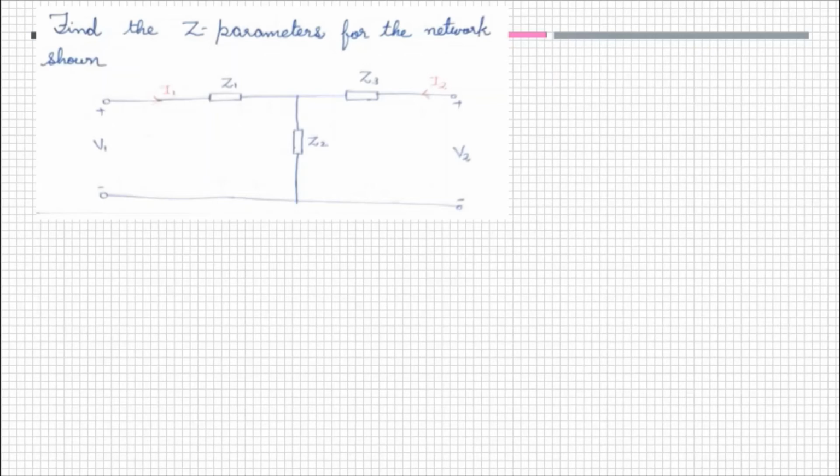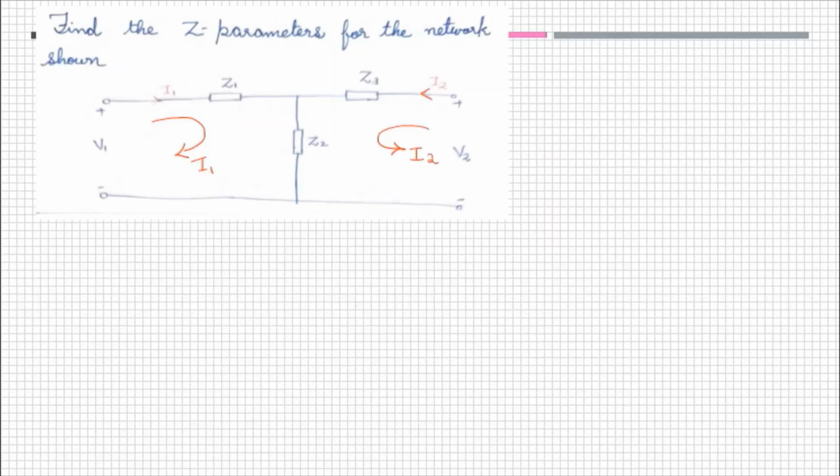Find the Z parameters for the network shown. In order to solve this problem, first let's mark the mesh current. Mesh current I1 and here the second port current I2. So mark the mesh current for the second mesh like this, I2.